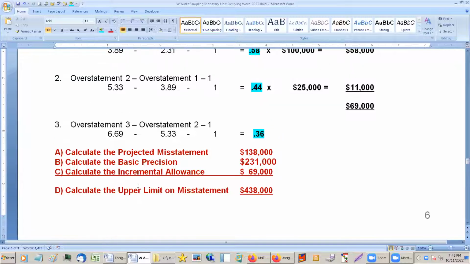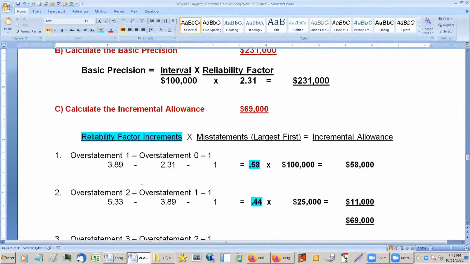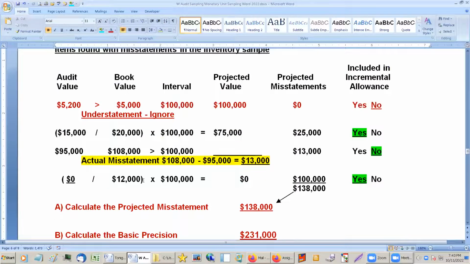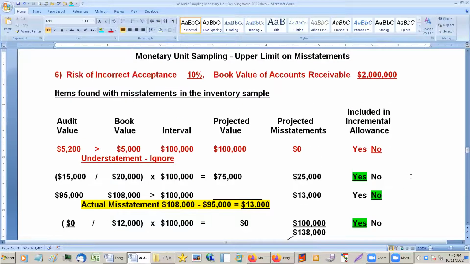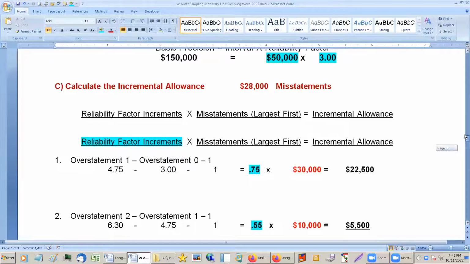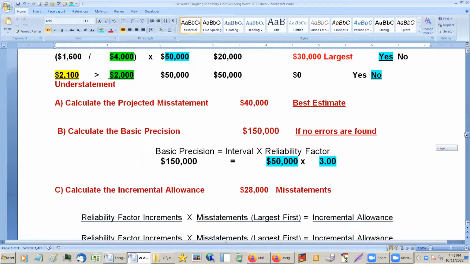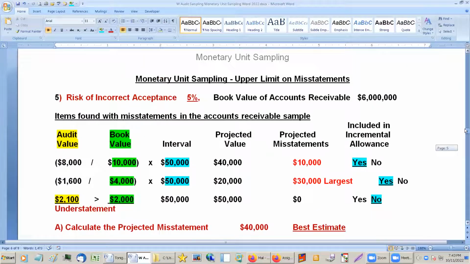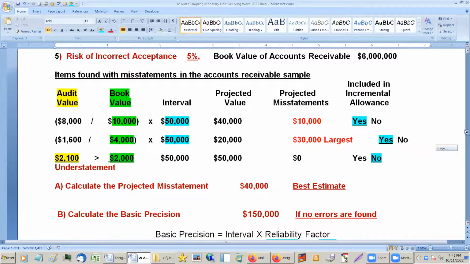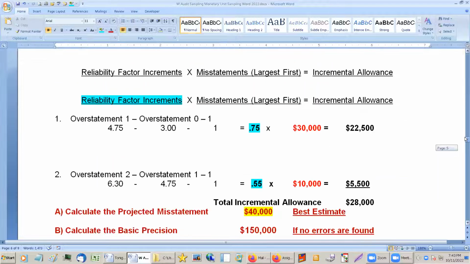Professor, can you go all the way back up, just one second, to the first problem? I think I missed something the last time. Problem 5, yeah, you could go down to where we were. Right there.